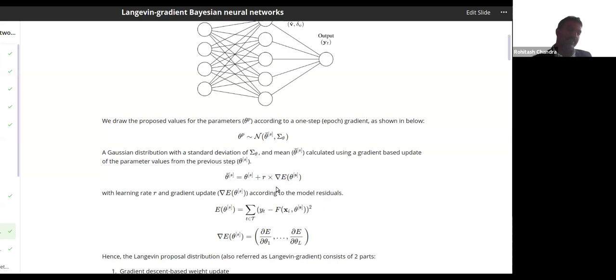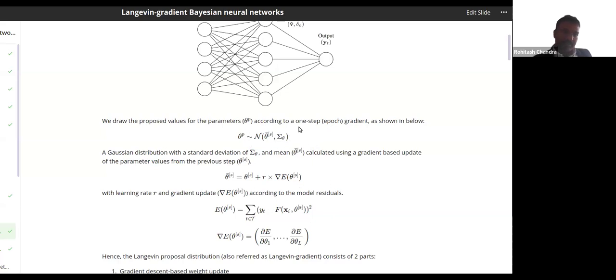So gradients multiplied by the learning rate, that's what you use to do your weight update. And that you add to the current, and that's a new set of weights. That is something you put as the center, in place of the mean of the multivariate normal distribution, and then you draw from there.